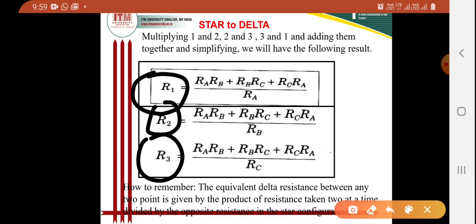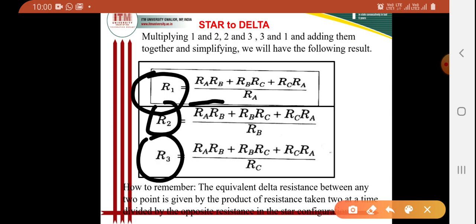So what is R1 after simplifying? R1 is RA RB plus RB RC plus RC RA, divided by RA. Similarly, R2 has in the numerator RA RB plus RB RC plus RC RA, divided by RB.